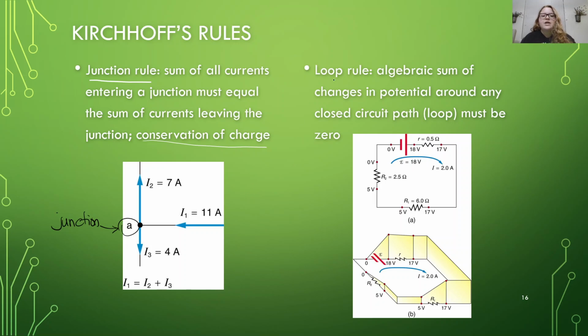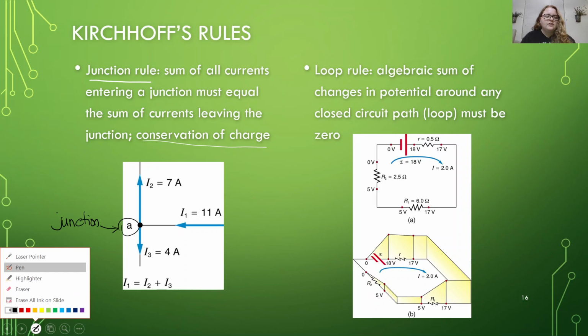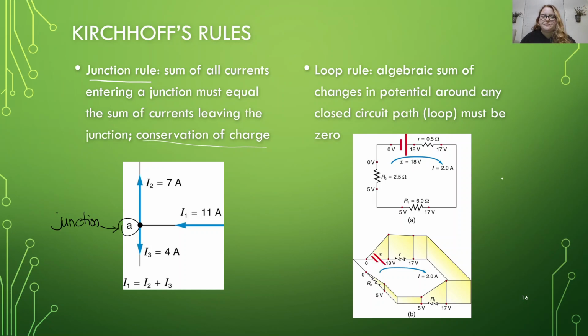Okay, then we have the loop rule, which is the sum of changes in potential around any closed circuit path or loop must be 0. So the overall voltage changes throughout the circuit should sum to equal 0. Another way we can say that, and this we saw in series, we were looking at series circuits.